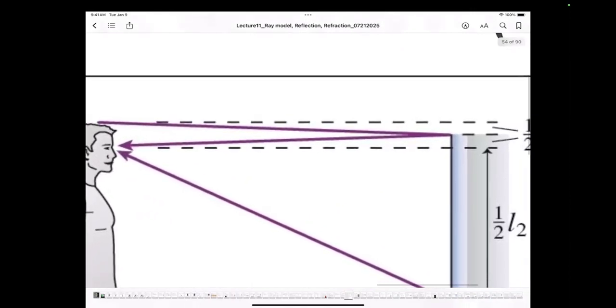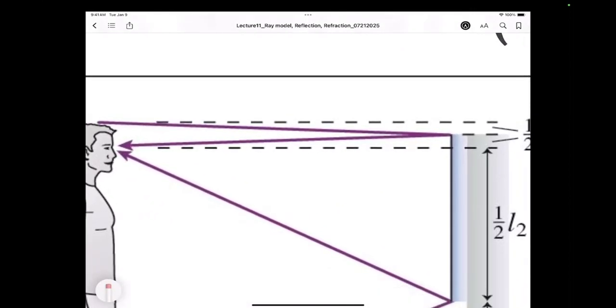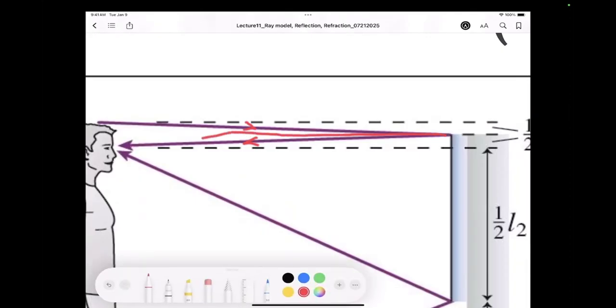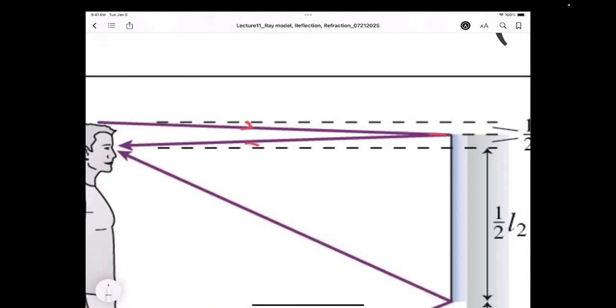Here you can see this is an incident ray, and this is a reflected ray. And here, this is the norm, am I right? I need to make it straight.